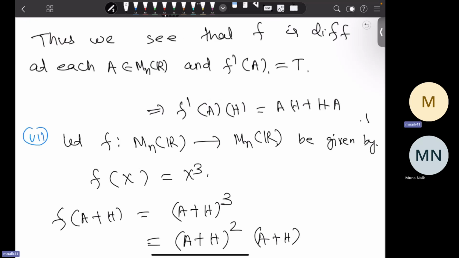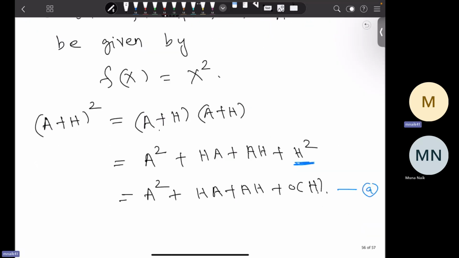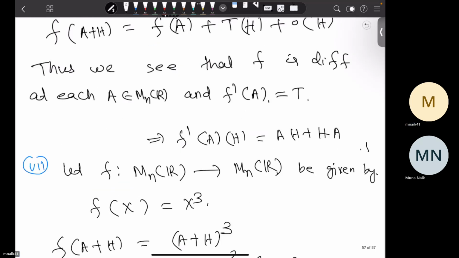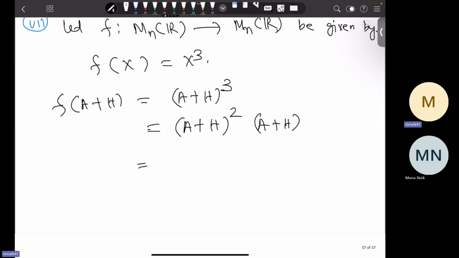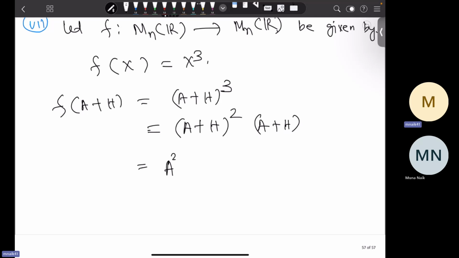Now (a + h) squared is, from above, a squared plus ah plus ha plus little o of h, into (a + h).